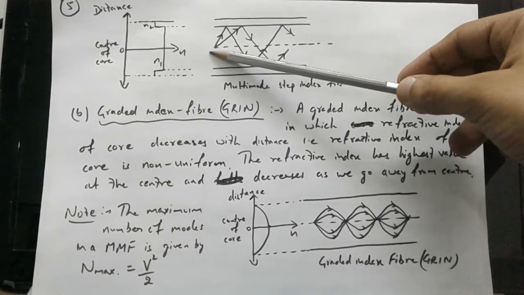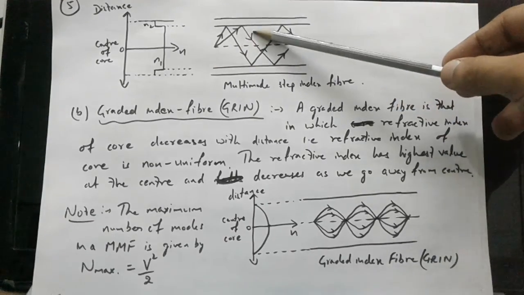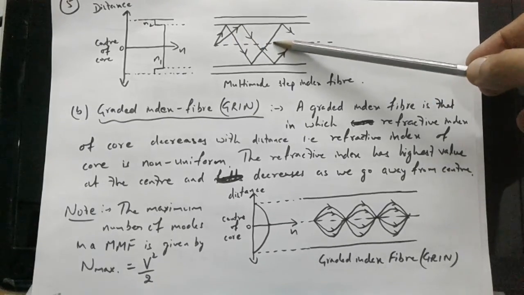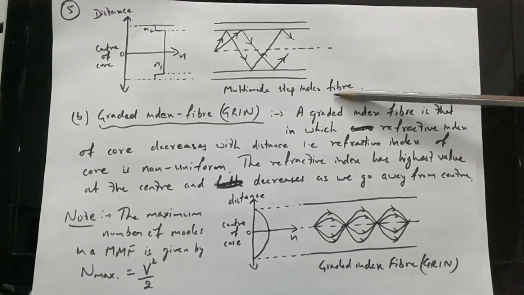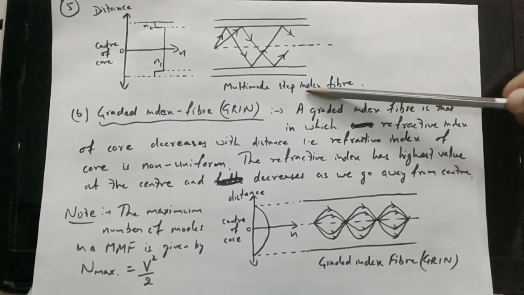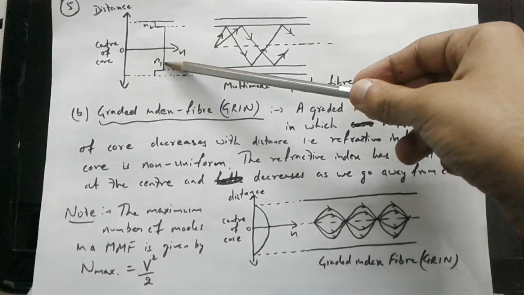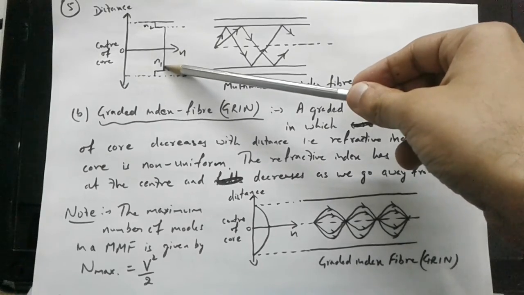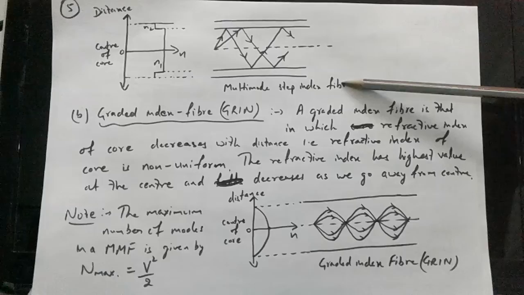So when the light enters the optical fiber, it travels in this zigzag path. So this is a multi-mode step index fiber. It is also step index because here refractive index changes from N2 to N1 in a single step. That is why it is called multi-mode step index fiber.